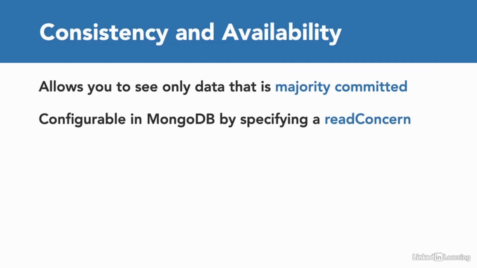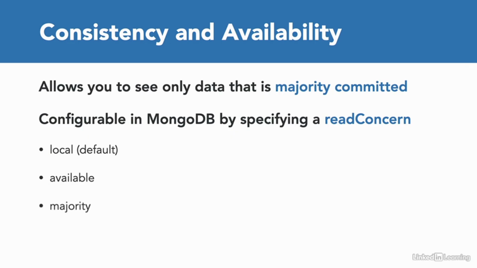There are multiple options that the read concern can be. It can be local, which is the default and returns the most recent data available on the mongod that you are connected to. So that has absolutely no regard for whether the data is majority committed or not. Then you've got available, which is the same as local but used for sharded clusters, something that we are not covering in the MongoDB Essentials course.